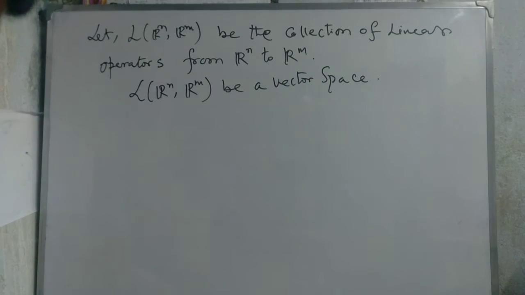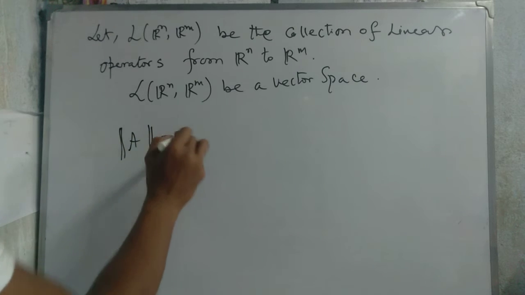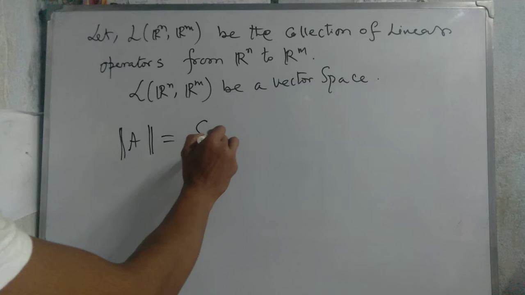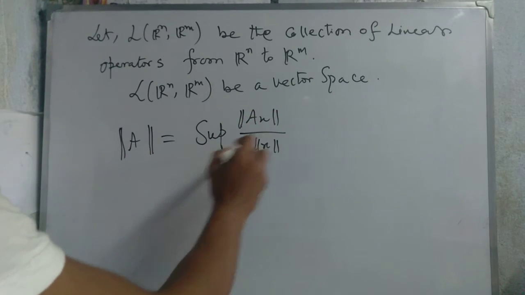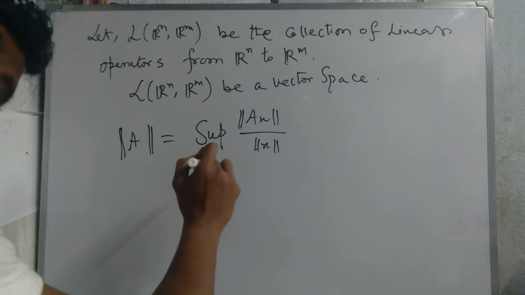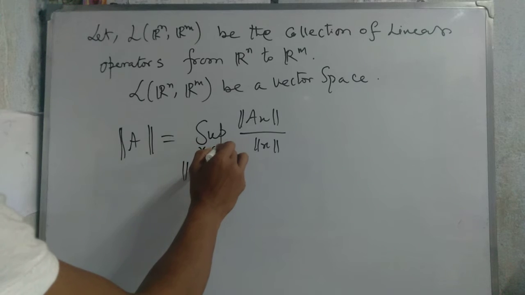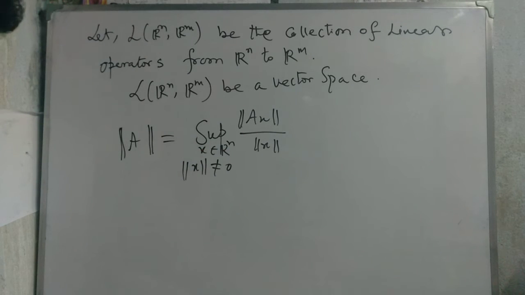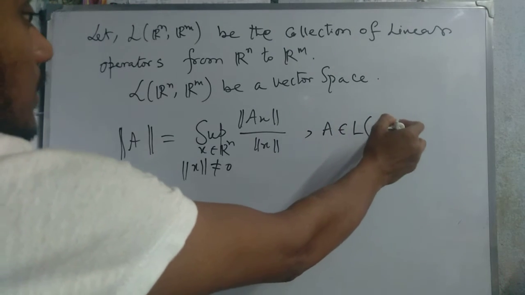Linear space means vector space. Now we also denote the norm of A, if A belongs to this, equal to the supremum of norm of Ax by norm of x, where x is not equal to 0 and x belongs to Rn. Here A belongs to L(Rn, Rm).